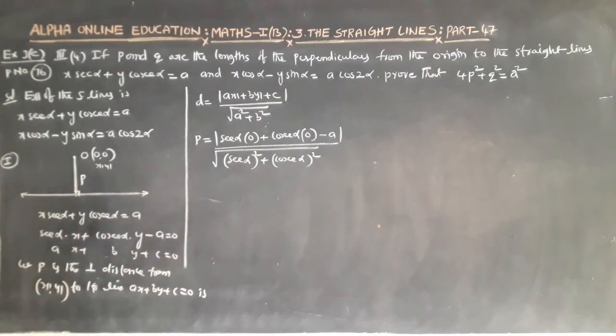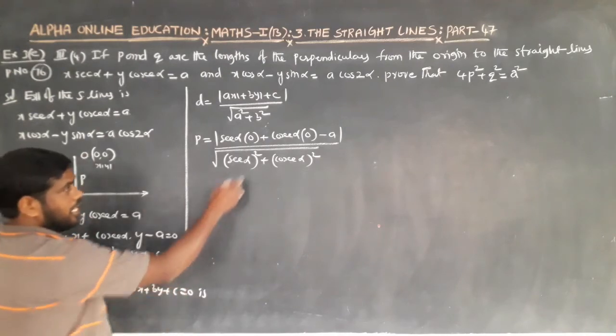This is the perpendicular distance from the origin to the first line.